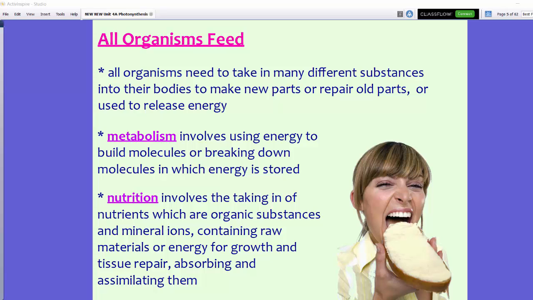So nutrition involves the taking in of nutrients, which are organic substances and mineral ions, and they contain raw materials for growth, tissue repair, absorbing, assimilating other organelles. A lot of things go into this. So it's not all just about food and eating, as this picture of bread shows. It's about taking in the nutrition that particular organism needs.